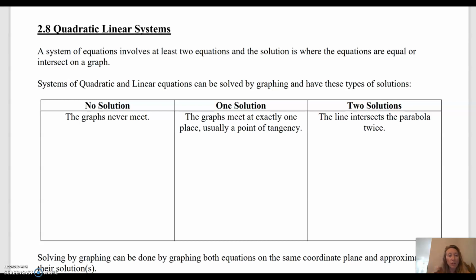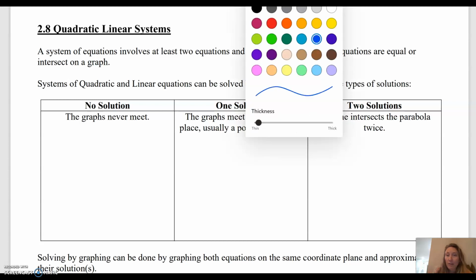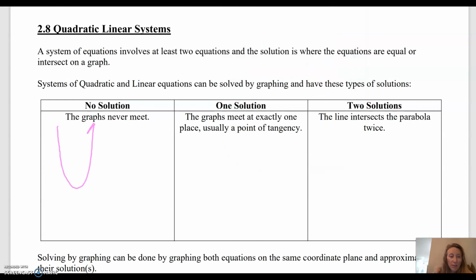So no solution, so perhaps right? A quadratic, that's going to be a parabola. And the line for linear, it might look like this. Here's my parabola, and then off to the side here is the line. What's super important about this is that it's not a line like this. Let's be real.